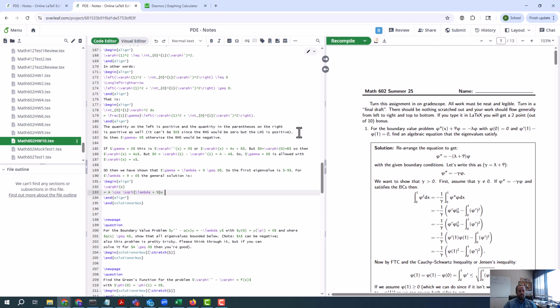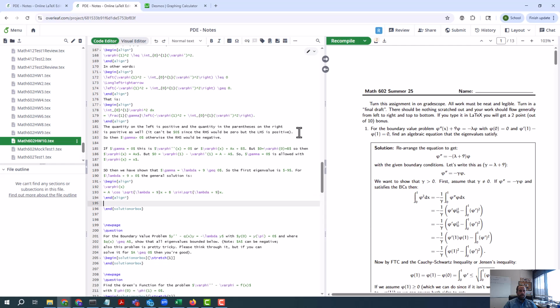We could keep this with the gamma if we wanted to, but I'm going to go back to what we actually have, plus b sine of square root of lambda plus 9 x. Okay, the boundary condition at 0 says that phi is 0. If we plug in x equals 0, the sine goes away, so we're just left with a. It says that a equals 0.